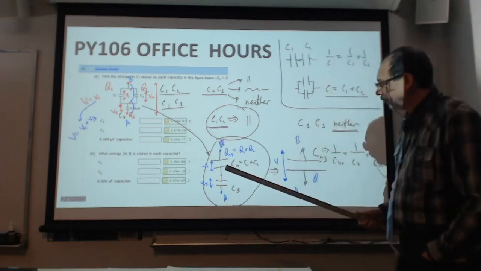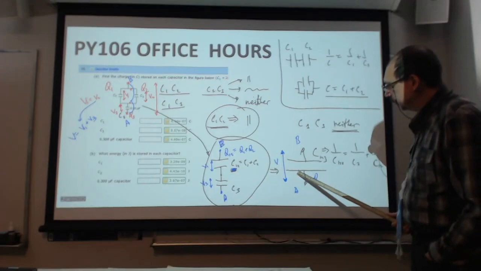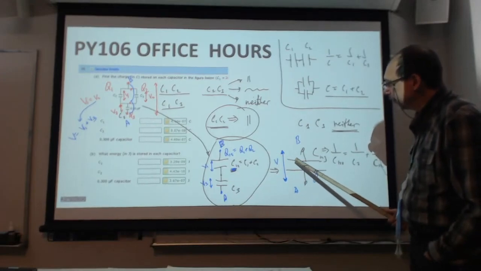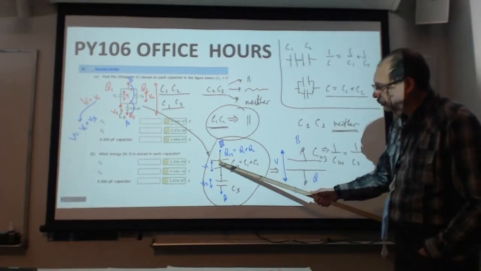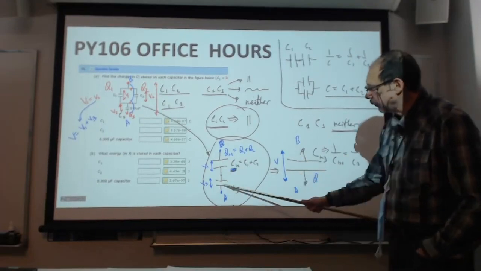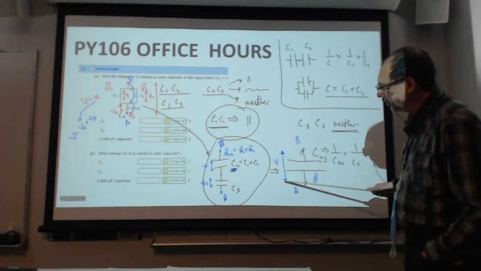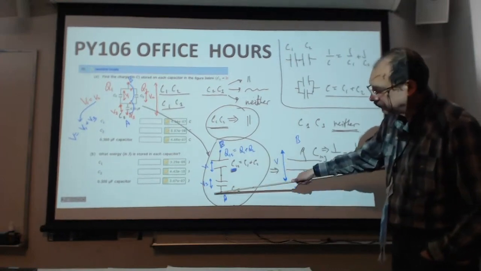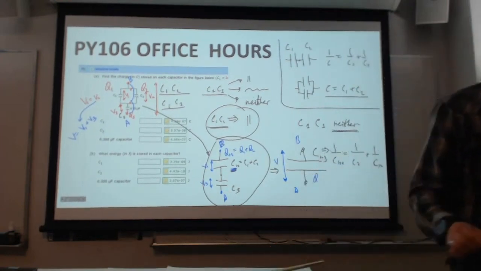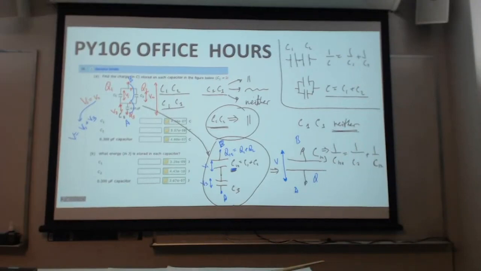It means that if you use this single capacitor instead of these two, this charge should be the same as this, when this voltage is equal to this. So this charge Q is actually just Q3.